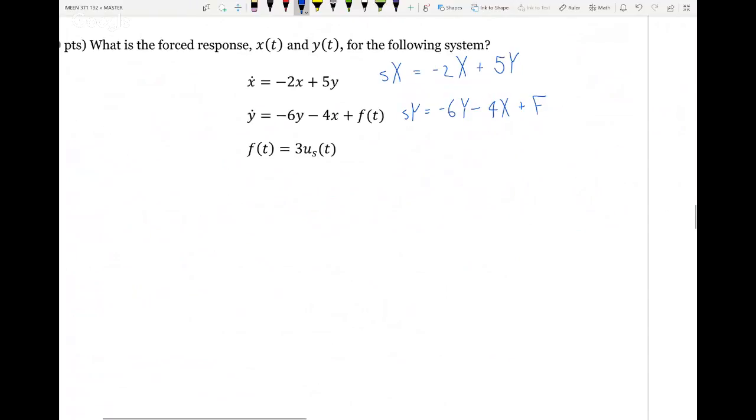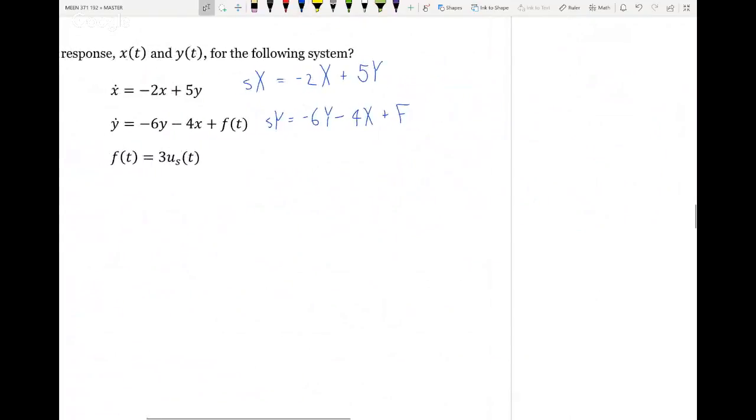Okay, so we're going to do this like we do simultaneous equations. I'm going to solve this equation for x, which gives x equals 5 over s plus 2 times y. Then we're going to plug that in down here.